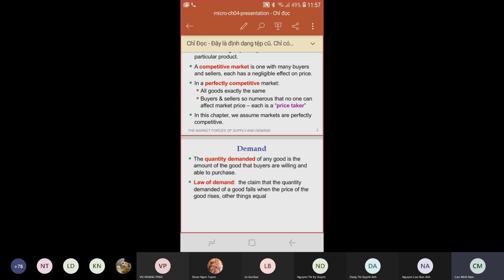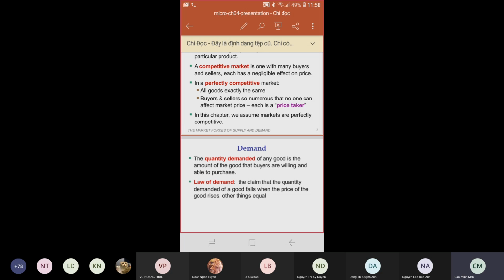They cannot set the high price, because the products are exactly the same. If you set the high price, I think you can understand, your customer will walk away to another gas station, to another stock seller.